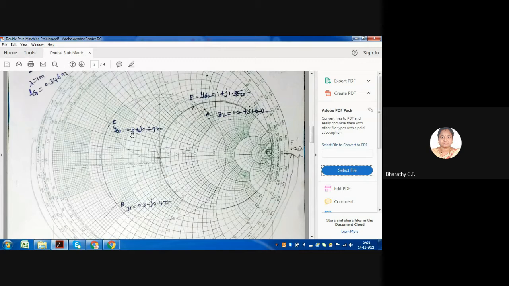Only the imaginary part has changed from minus J0.4 to, have you got this value? 0.29. Student, have you got this value at C?